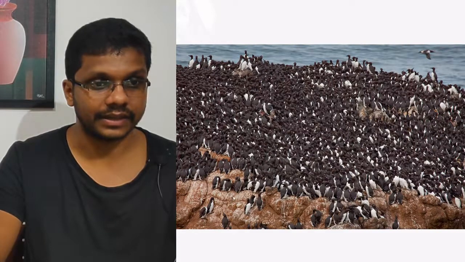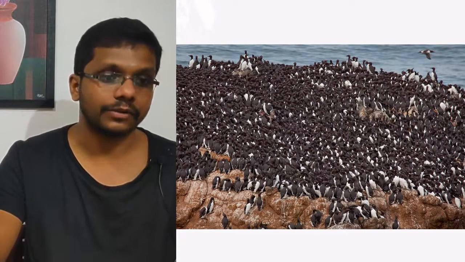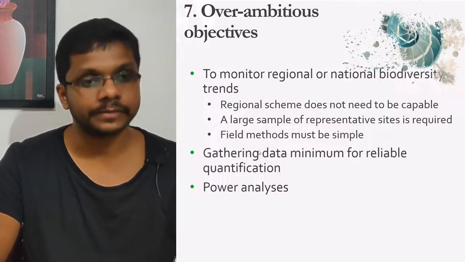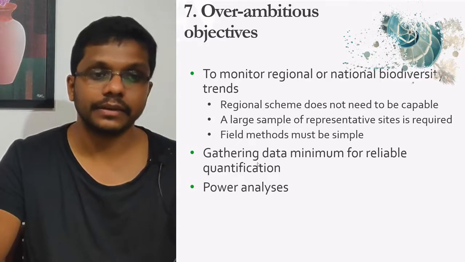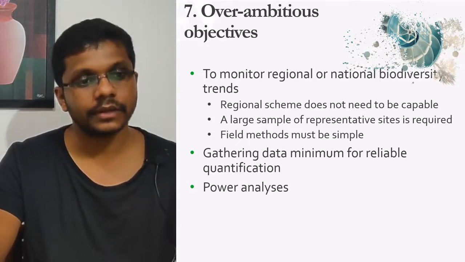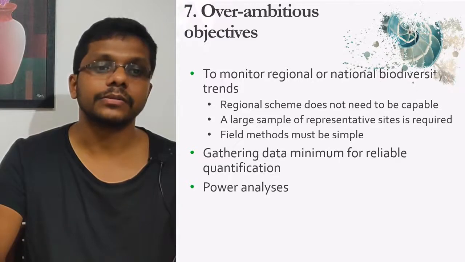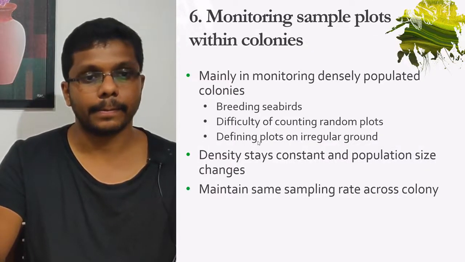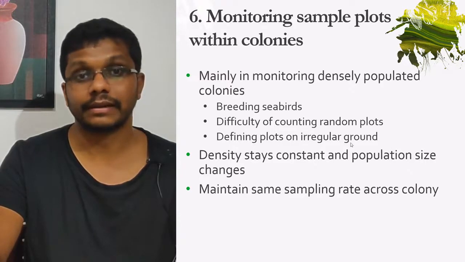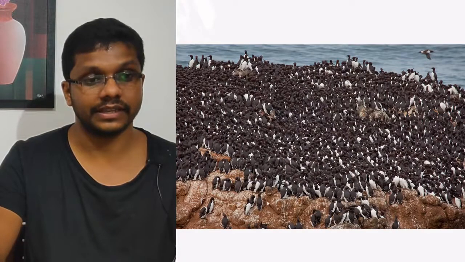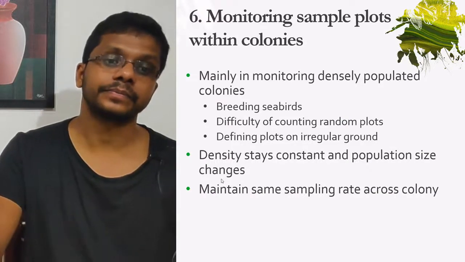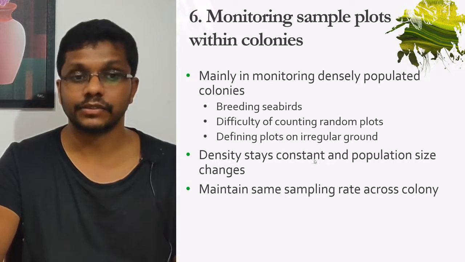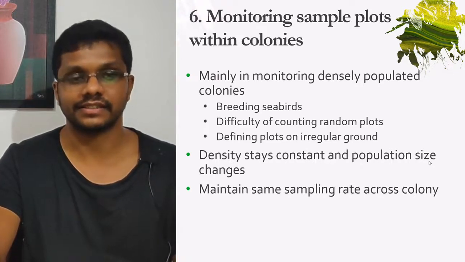Areas like this, which are steep and stony, may not have a high number of birds, but areas like this may have more birds. So this can be misleading. Defining plots on irregular ground is difficult, and in other cases density may stay constant even when population size changes.